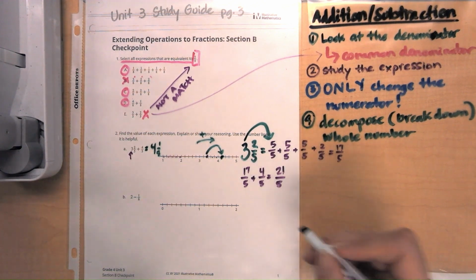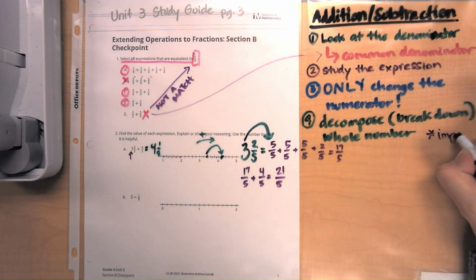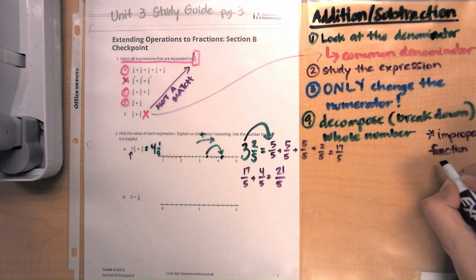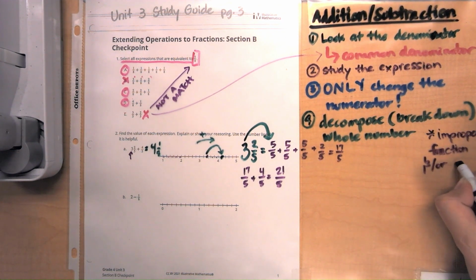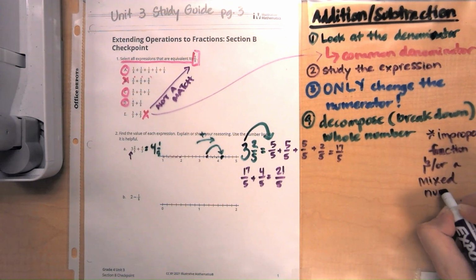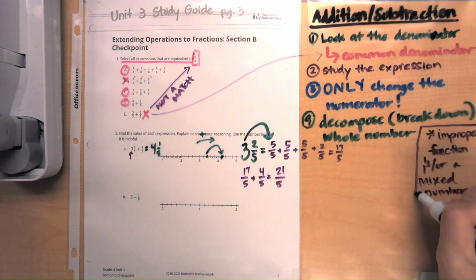21/5. You can answer your question as an improper fraction, or a mixed number. Either of these answers are always allowed.